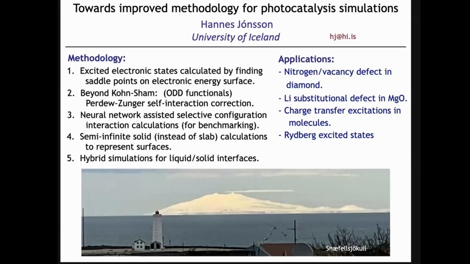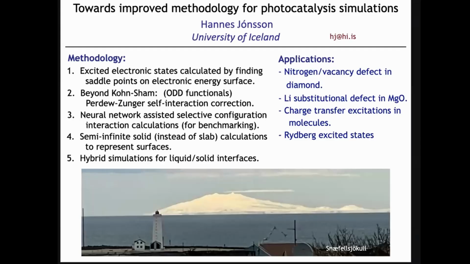I'm probably only going to very briefly mention this: instead of representing a surface in a calculation with a slab and vacuum on both sides, it's quite a bit better to simulate a semi-infinite solid. And then also once you get to a liquid-solid interface, to have a hybrid simulation method where part of the system is simulated with electrons explicitly, and the other, bigger part, just with a potential energy surface.